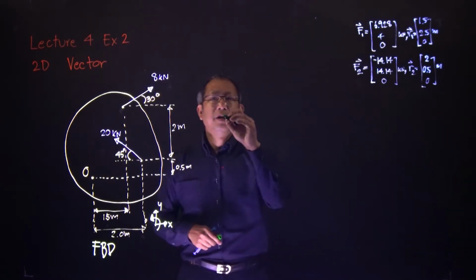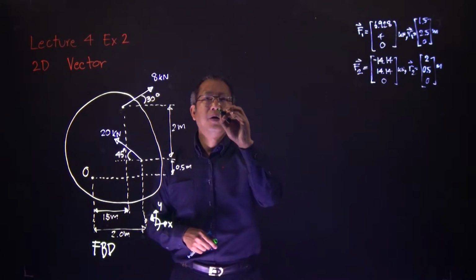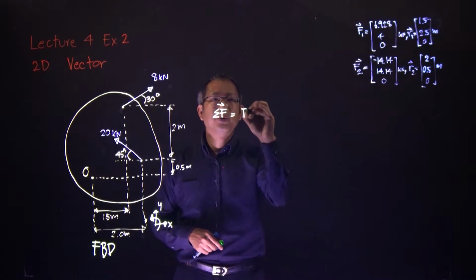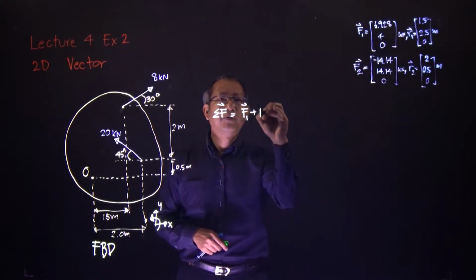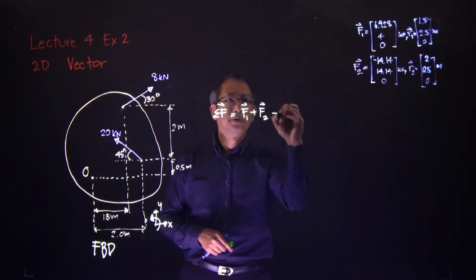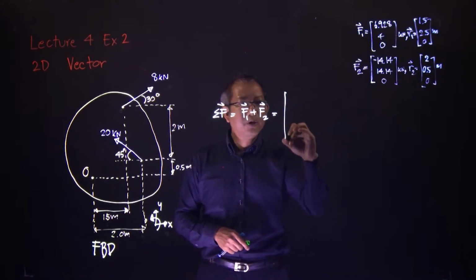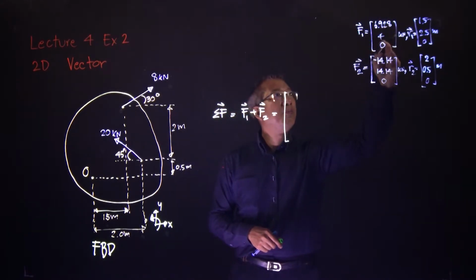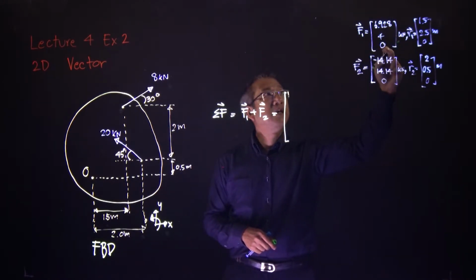Start off with finding the resultant force, or the summation of all forces, sigma F. The force is equal to F1 plus F2. Using the vector operation, the first slot combines with the first slot, x and x basically.